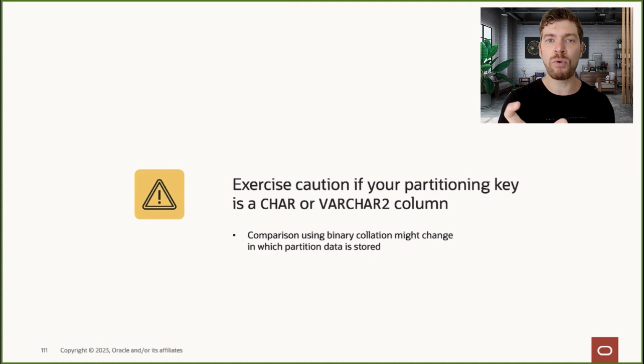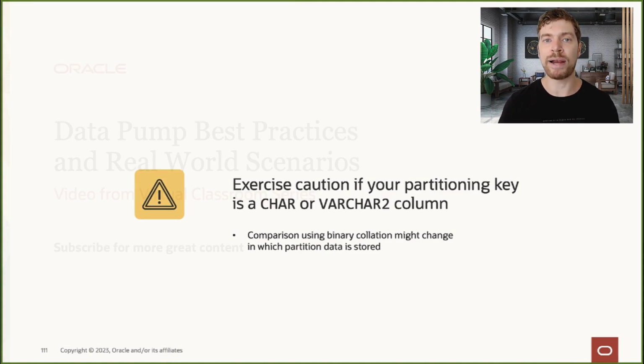So maybe a row that you insert in a table in one database will go to a different partition when you insert in that same table in a different database. Again, if you use range partition, and these ranges are based on characters, meaning all the rows that have that column lower than ABC will go to that partition, and as this ABC comparison is done using binary collation, then you might have a problem.